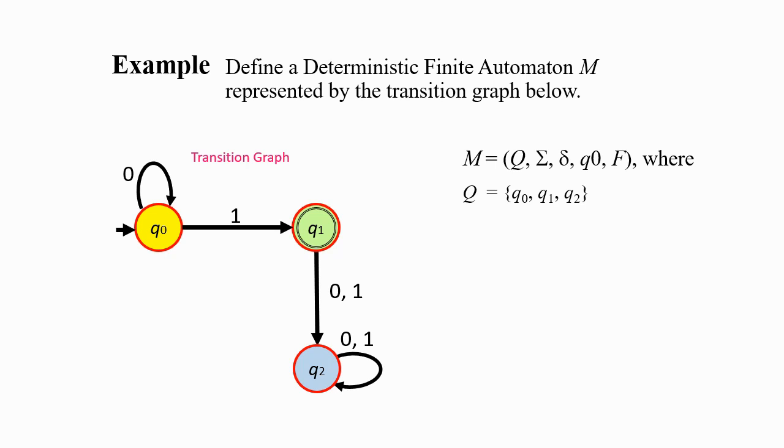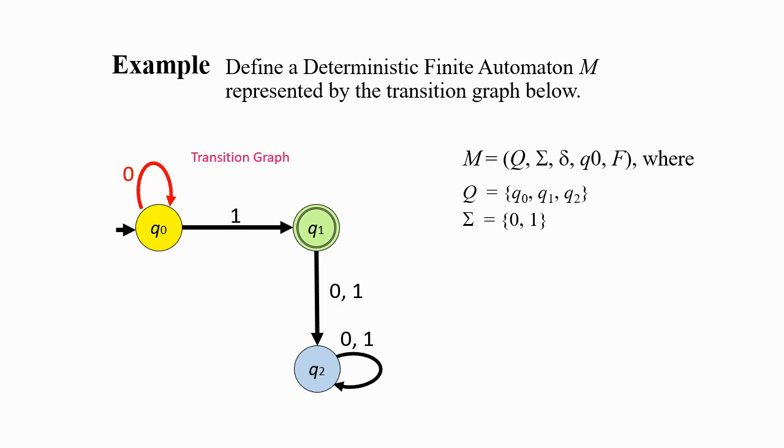So Q is a set of Q0, Q1, and Q2. Then we have the labels 0 and 1. So that is the alphabet. Sigma is the set of 0 and 1.